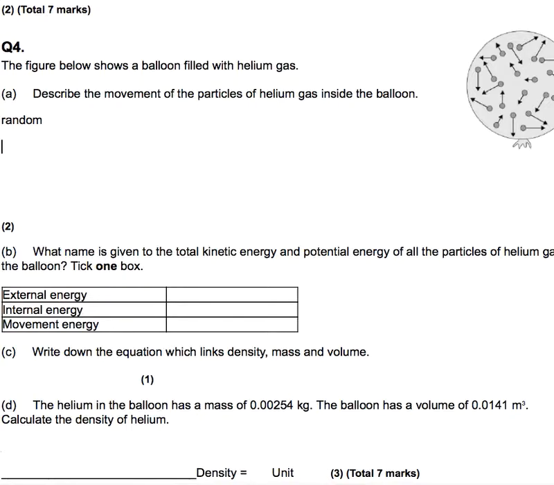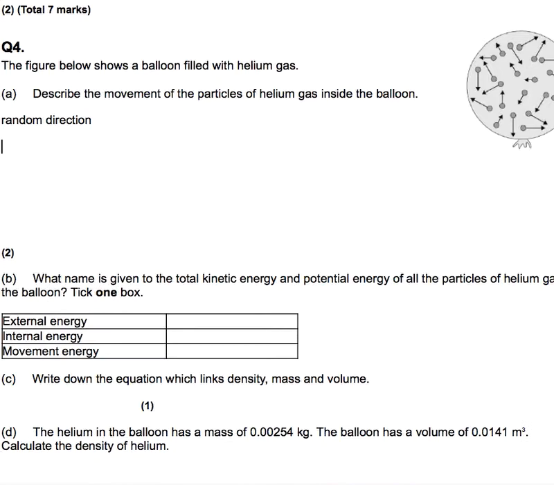So what else do we know about the motion of gas molecules, apart from their direction? What else could we talk about in terms of the movement? We could talk about direction. We could talk about speed. Do we know anything about the speed? Well, we know it's going to be different for different gas molecules.